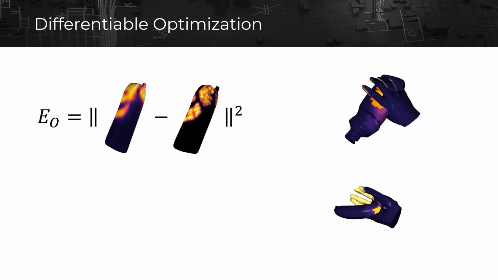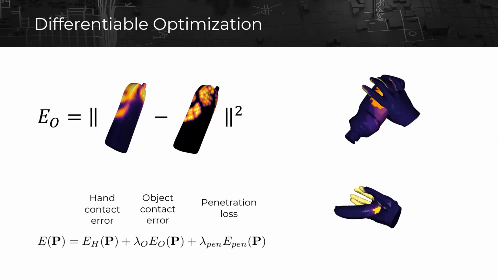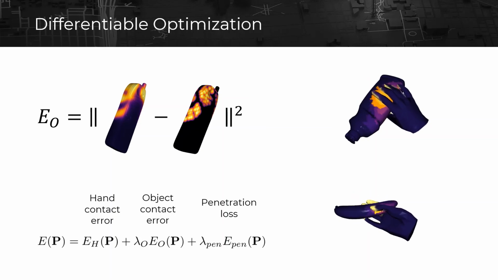The loss function minimizes the difference between the target contact and the current contact. The loss function considers both hand and object contact maps. A penetration loss is also used to discourage heavy intersection between the shapes. We visualize the change in pose of the hand as the optimization progresses.